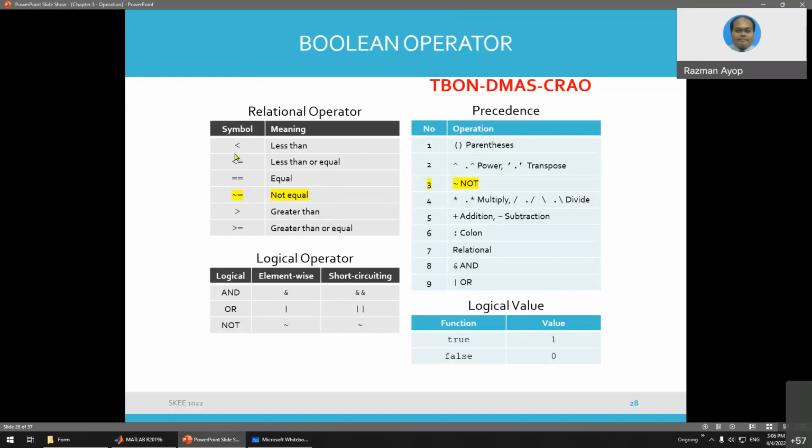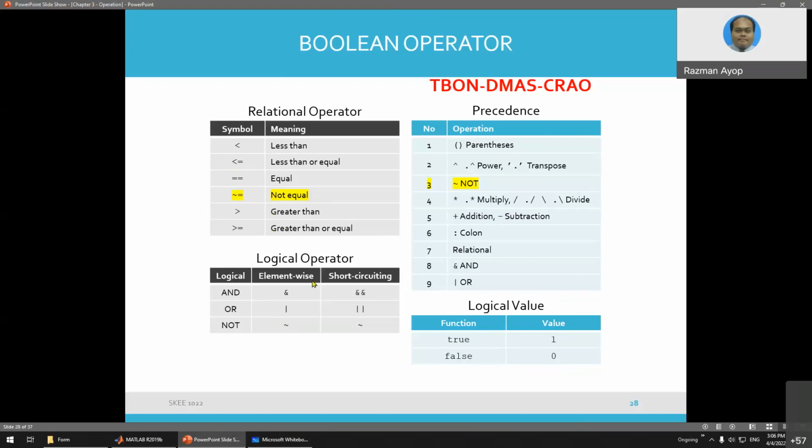So less than, less than or equals to, I think you also know. Not equals to, you have to use the waving, something like a wave. It's basically under the escape button near the 1 number. Okay, so make sure you know where it is located.